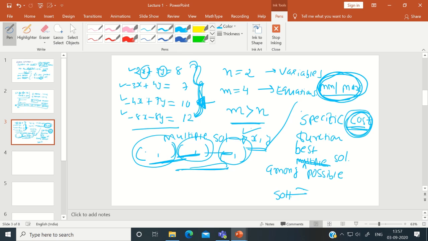It means your obtained answer x and y should simultaneously satisfy all these constraint equations. This is the basic requirement of optimization. Your optimum answer, your best answer, should perfectly satisfy each and every constraint equation. Suppose, let us say I obtain x as 0 and y as 0.